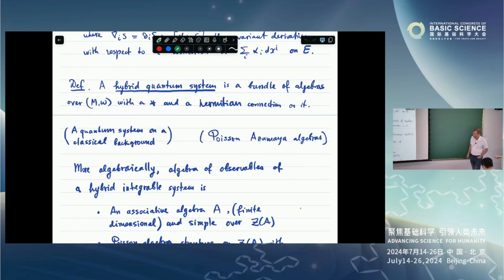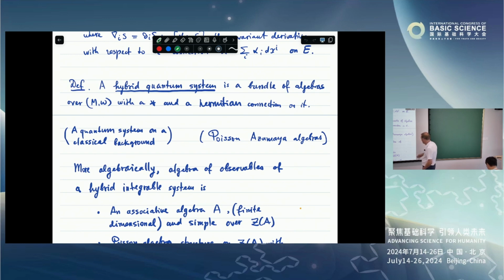So here is the definition of simple hybrid systems. It's a bundle of algebras with star structure and a Hermitian connection. That's the mathematical essence of this. Physically, these are algebras of observables of quantum systems on a classical background.